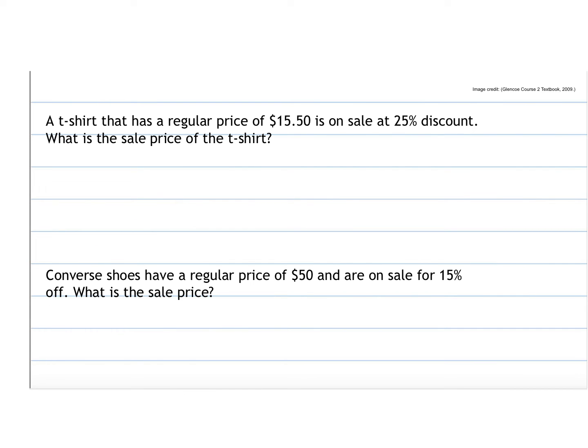A t-shirt that has a regular price of $15.50 is on sale at a 25% discount. What is the sale price of the t-shirt? So let's do method one. Let's make this a decimal. That'd be 0.25. So $15.50 times 0.25. So basically we're taking 25% of $15.50.